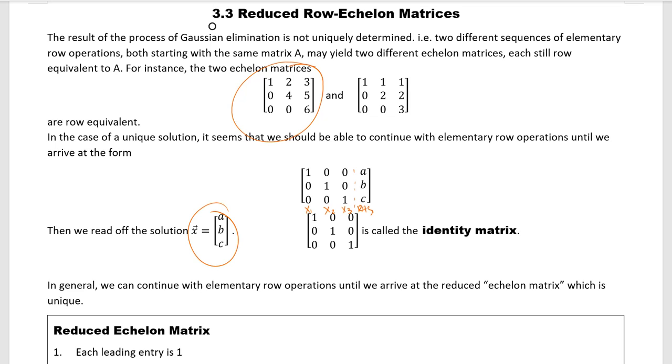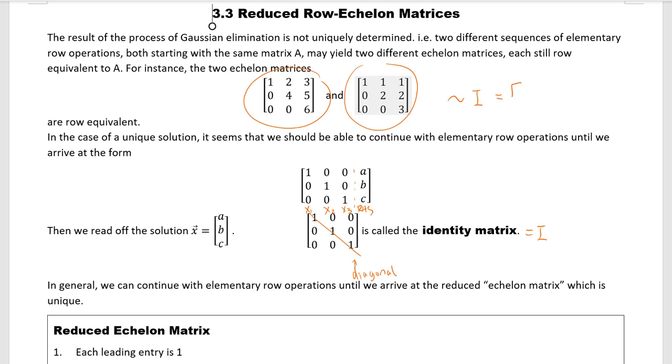We get the x vector is (a, b, c). And the matrix on the left side is called the identity matrix. In the identity matrix, we have 1 on the diagonal, and all the other entries are zeros. It turns out that these two matrices are both row equivalent to the identity matrix.